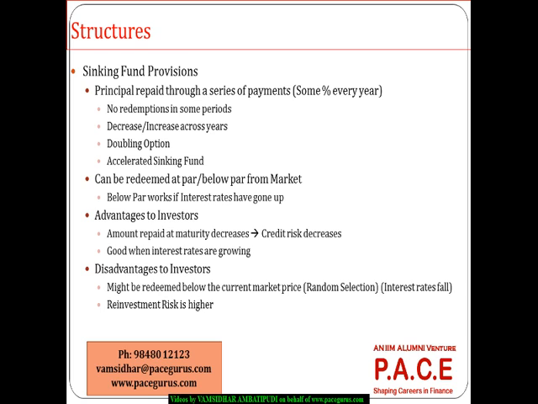That is the accelerated sinking fund. Or there could be a more specific one like a doubling option. This is also one more option that could be available with the issuing company: at the option of the issuing company, it can very well double the amount of principal repayment in that particular year.